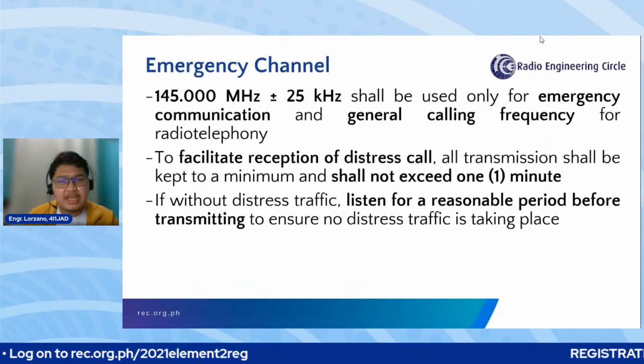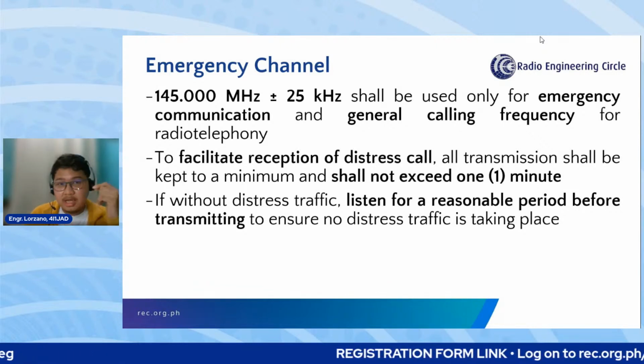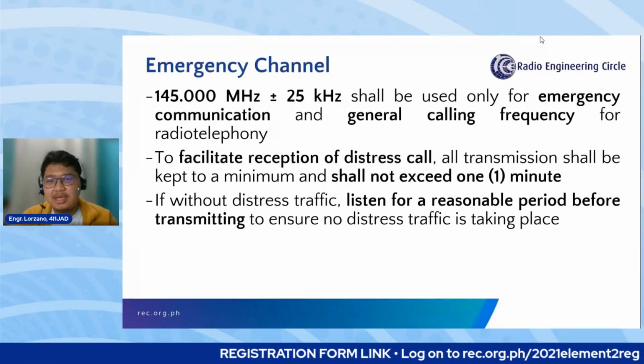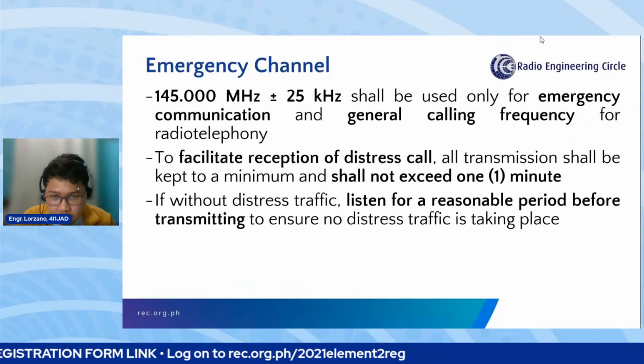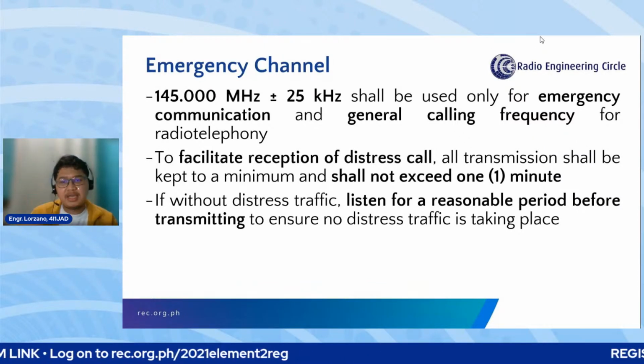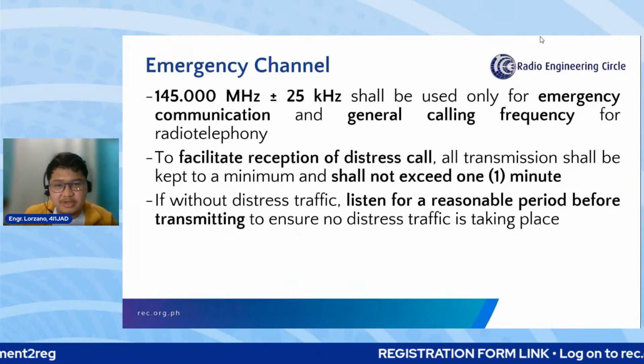So, ito yung ginagamit natin na frequency when there are emergencies. It is to facilitate reception of distress call. All transmission shall be kept to a minimum and shall not exceed by 1 minute.